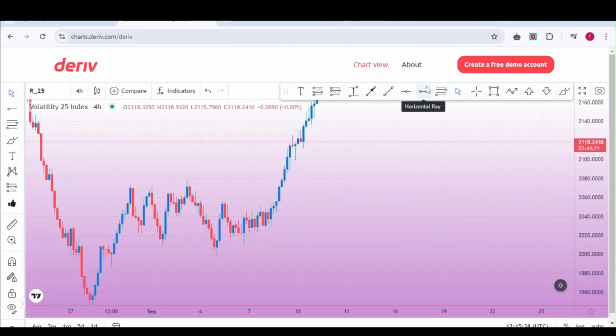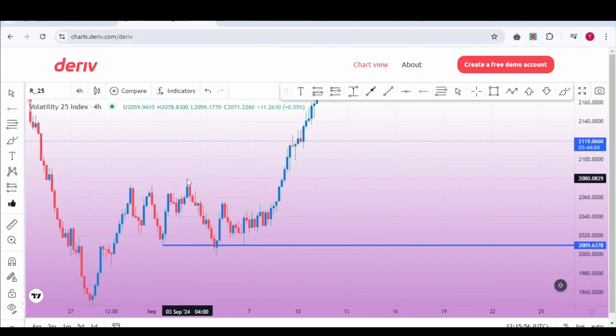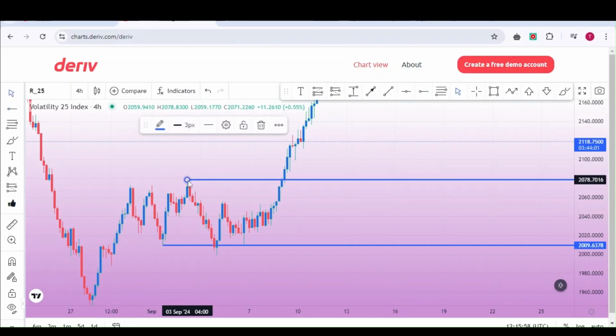Number one, I've told you, you start by marking the swing low and the swing high. Let's utilize this part here. I mark the swing low, which is that point, and then I come and mark the swing high of the current movement here.